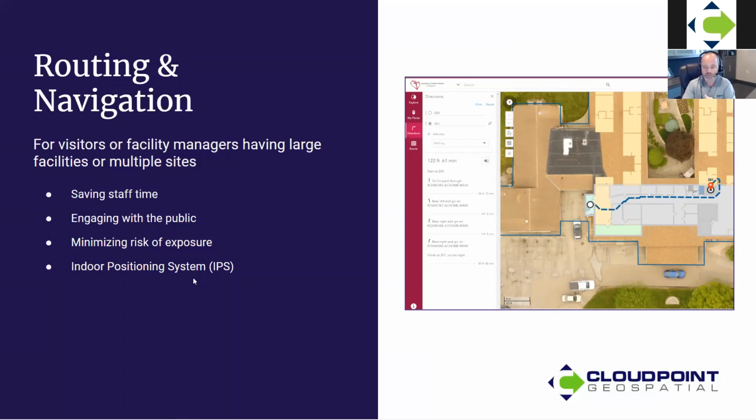You can engage with the public if it's in a public-facing kiosk mode, like one of the examples we're going to show you. You can also minimize the risk of exposure. Especially with COVID, obviously, people moving back into buildings and offices, they may say, hey, we want to route people on our campus to minimize their exposure to other people when it comes to keeping people safe and healthy. And indoor positioning systems is a key part of that as well that we can touch on.